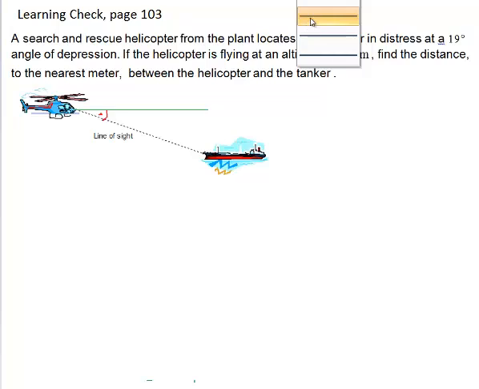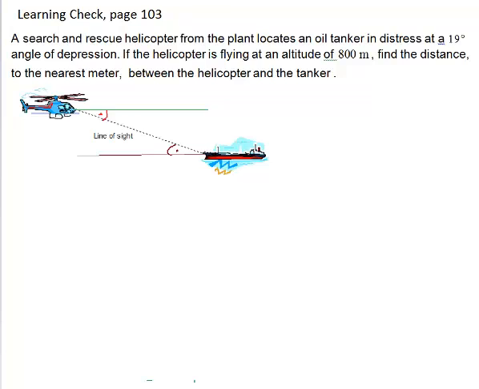The angle of elevation would be this angle right here along the horizontal, when looking up. They're actually the same angle because the horizontal lines are parallel.